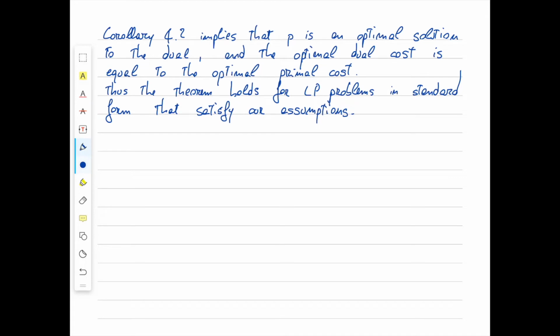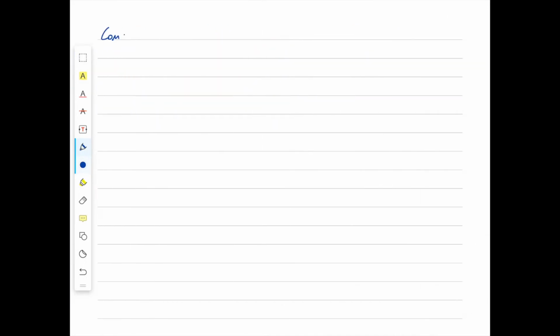Let's now change page and prove the second part. Consider now a general LP problem, pi1, that has an optimal solution as stated in the statement.